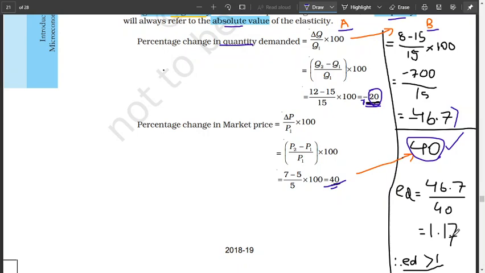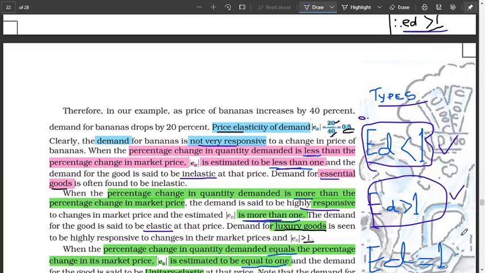It's greater than 1. It's not point something. So that's why it is the case of greater than 1, elastic demand. So these are the first two types of elasticity of demand. The first case, individual A, doesn't respond much, 20% to 40%, inelastic. Second individual's response, 46 to 40, more than one, elastic. So these are the two types of elasticity of demand.